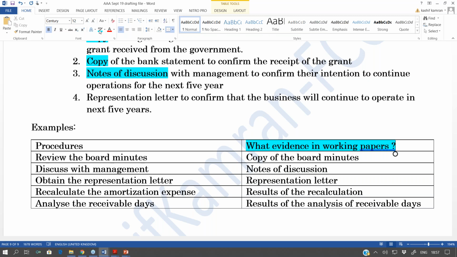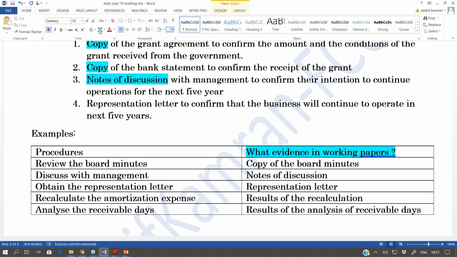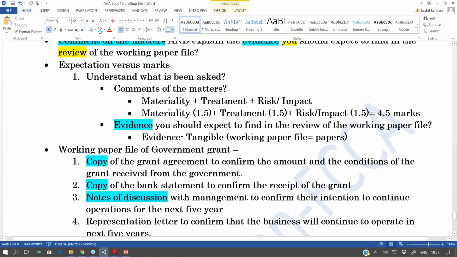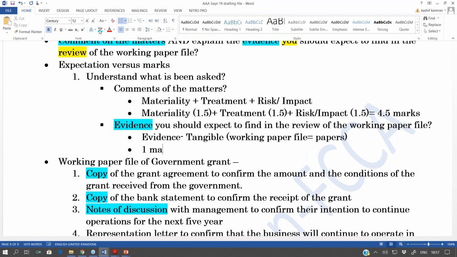How many marks will I get per evidence? Per evidence, I will be getting 1 mark. 1 mark per evidence with reason, right? With reason. If I say copy of the board minutes, I will say to confirm something.